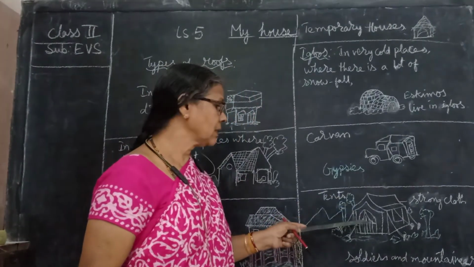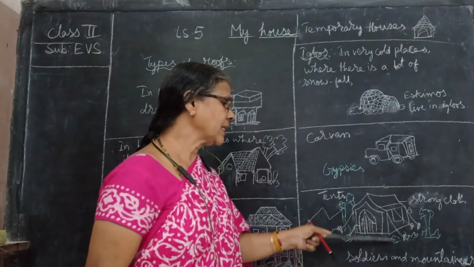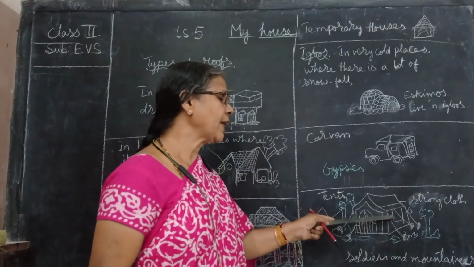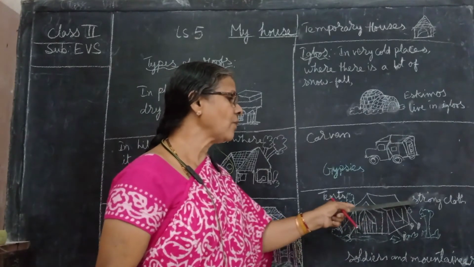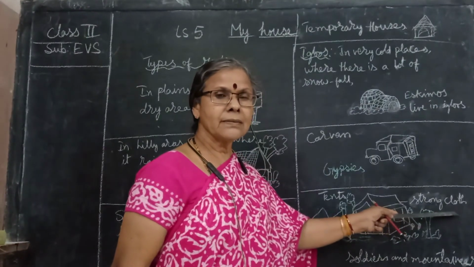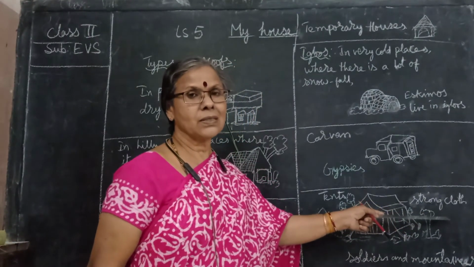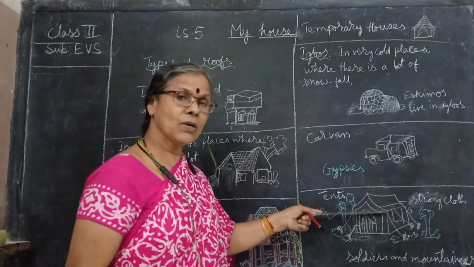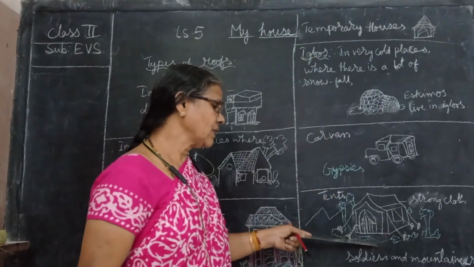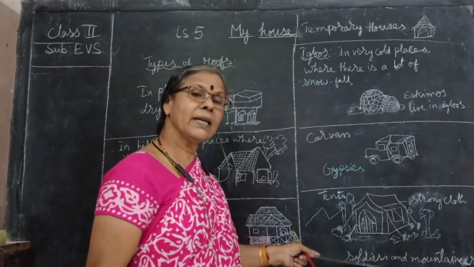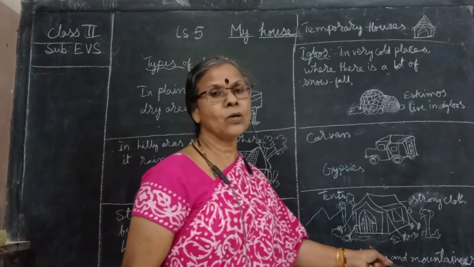Then tents. This roof is made up of strong cloth. That is, the material is what? Canvas. With the canvas cloth they will make it, and who will be living in this? Soldiers and the mountaineers.